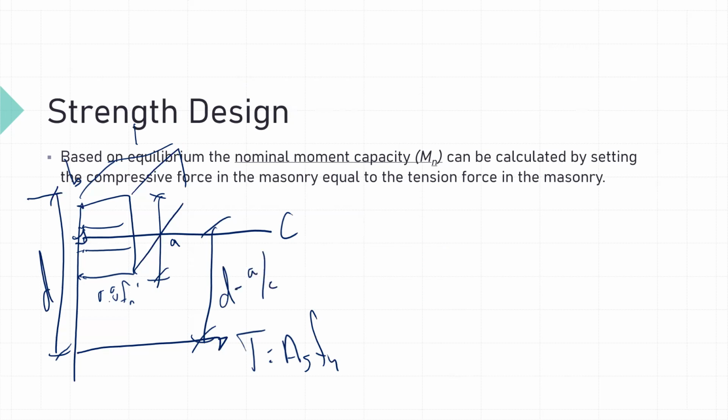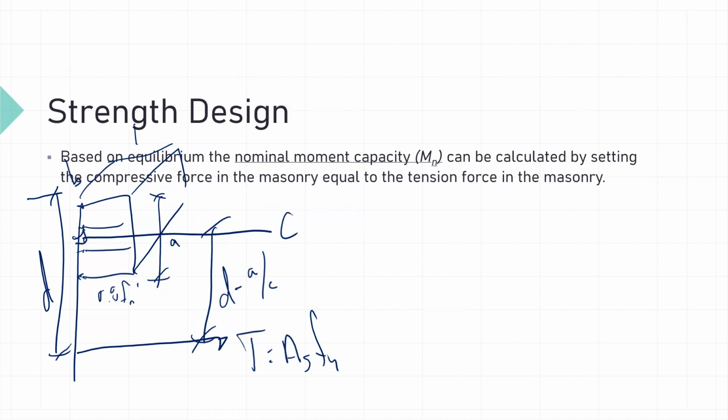Again, we're taking that effective depth from our extreme compression fiber to the centroid of our reinforcement, and we subtract a divided by 2 because our compression force will act at the centroid of our rectangular compression stress block. So a divided by 2 will be the location of that centroid. So now we have everything we need to be able to determine our nominal moment capacity.